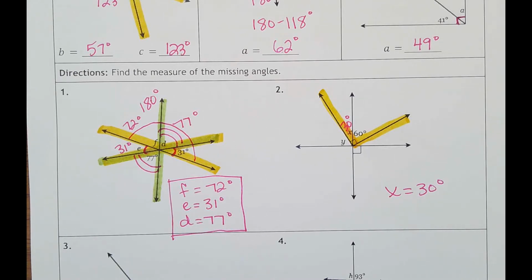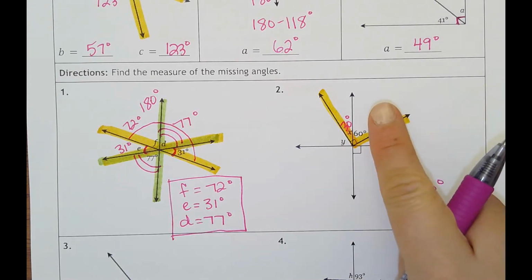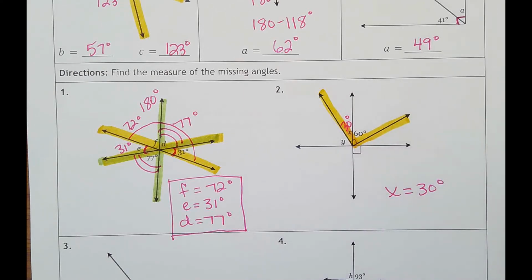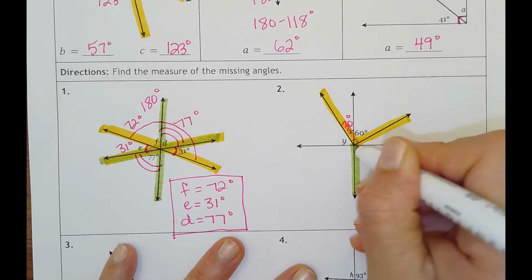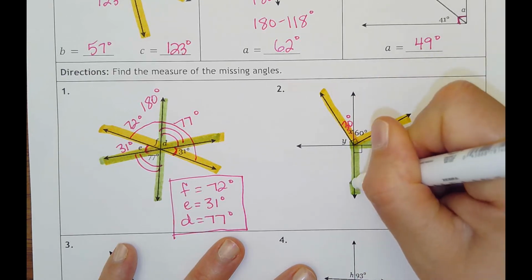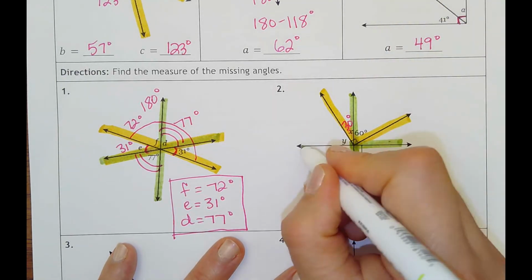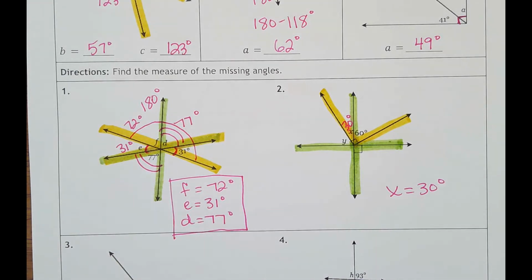Okay, now angle Y. Several different ways. Which way do I want to tell you? The way I'm seeing it, I'm not assuming here, but I know that this 90 is formed by this line and this line.